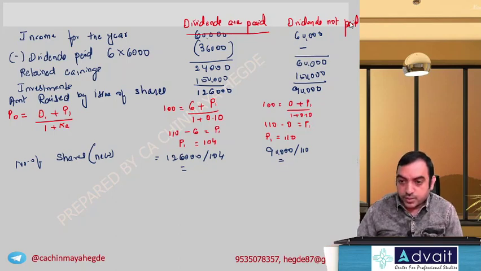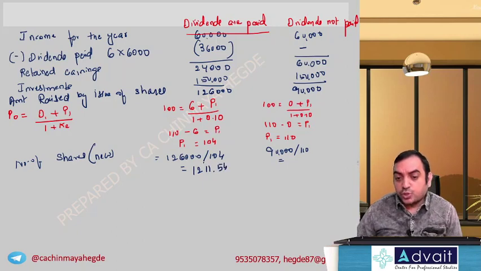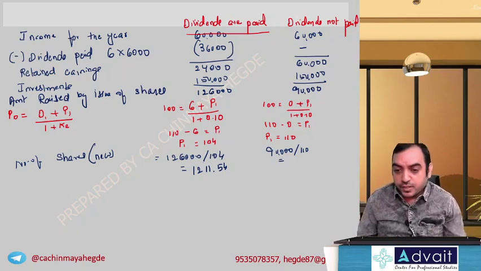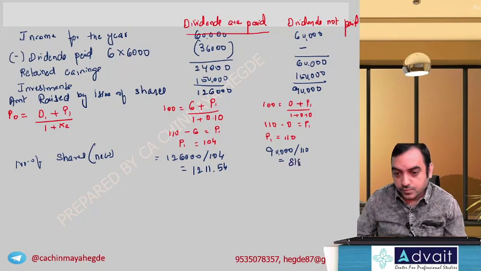One lakh 26,000 by 104, 1211.54. You can round it off. I'll just take decimals also, only for verification purpose. So when I want to verify the answer, I want to make sure that the amount matches, only for that purpose. Otherwise, you can round it off. Small difference will come when you verify it. So 1211 and 90,000 by 110, 818.18. Okay. So now let's go for value of the firm.